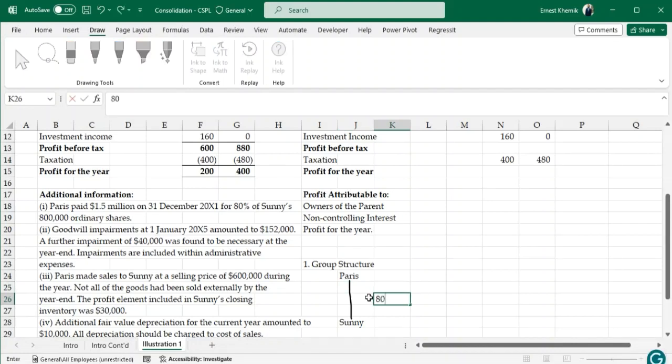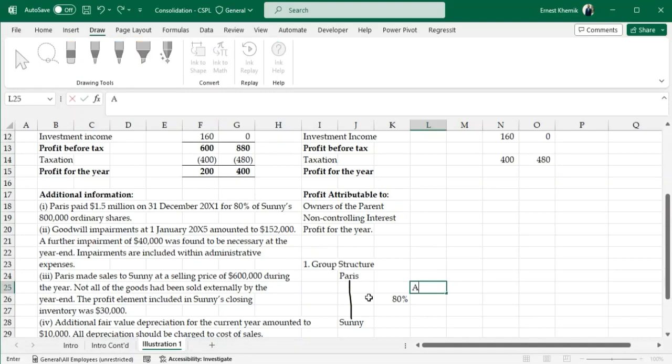So I'll put my 80% here, and then we'll indicate the acquisition date and the reporting date. This is very important when it comes to the consolidated statement of profit or loss. It is as important as we have in the statement of financial position consolidation. All right, so just take note of these things because of the issue of mid-year acquisitions. We will come to that later.